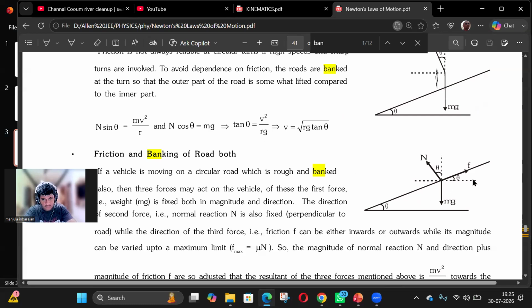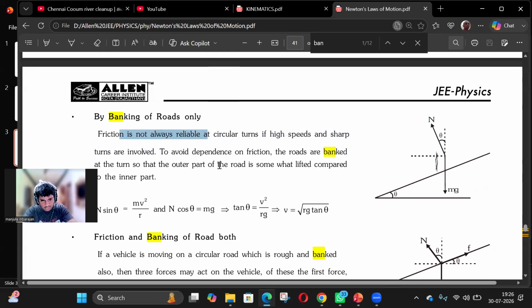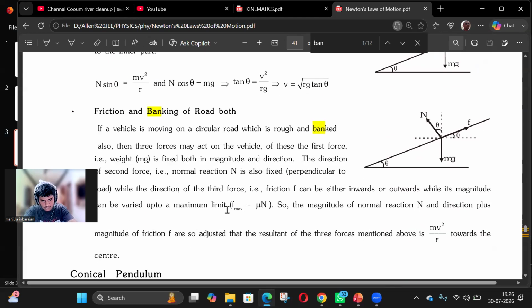Centrifugal force is horizontal and outwards. So N sin theta will balance the centrifugal force, and N cos theta will be balanced by this mg. So this is without friction. Friction is not always reliable.